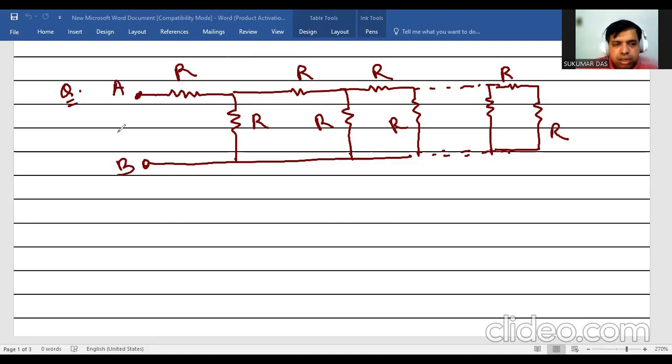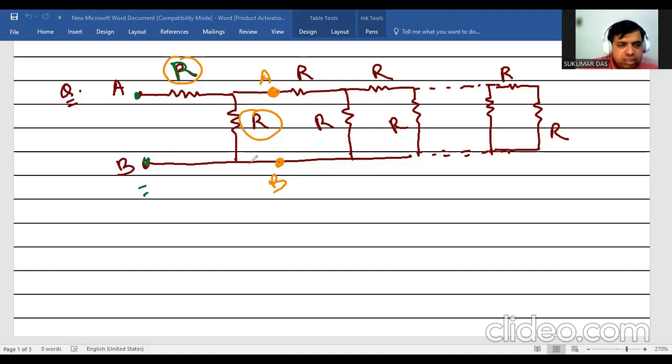Now let's say we have to find the resistance between A and B. In this scenario, we have to figure it out from the left hand side where we have the A and B terminals. We have to find the minimum number of resistors which, even if we remove them, we will get the same type of pattern as earlier. If we remove this R and this R, and connect our terminal again at A and B at this point, we will get the same pattern.